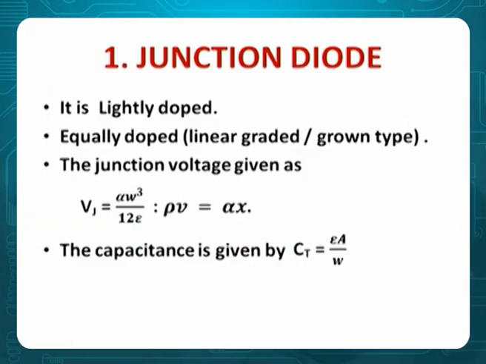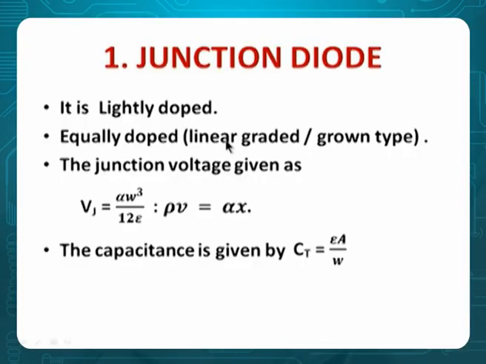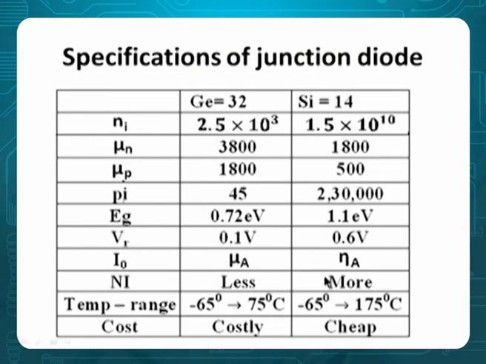Then the first diode, the junction diode. Though we have studied so much on this, as slight conclusions, it is a lightly doped, equally doped, linear graded, grown type. Junction voltage is given as Vj proportional to W cubed by 12 epsilon, where rho V is alpha x. Capacitance is given by Ct equals epsilon A by W. The specifications of a junction diode we also saw.